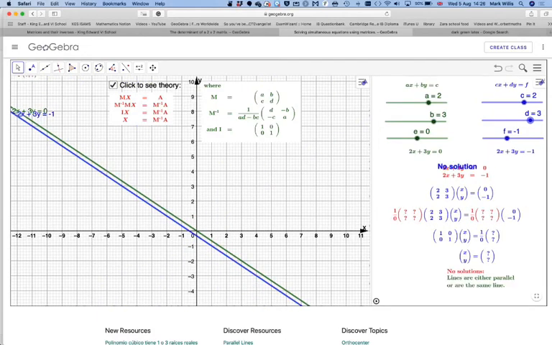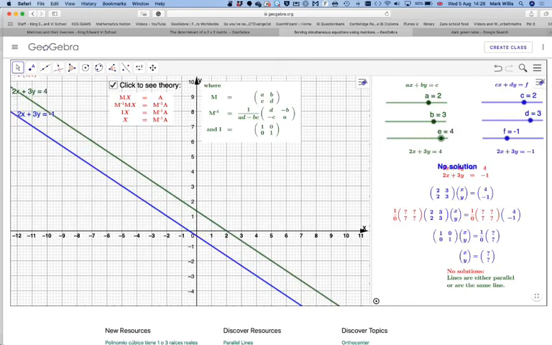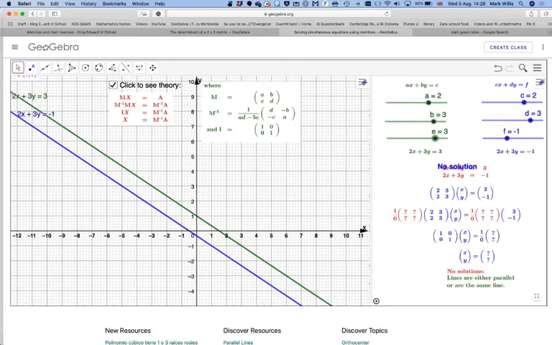Okay. So here we've got 2x plus 3y is equal to 3 and 2x plus 3y is equal to minus 1. The lines are parallel. So there are no solutions to this problem.